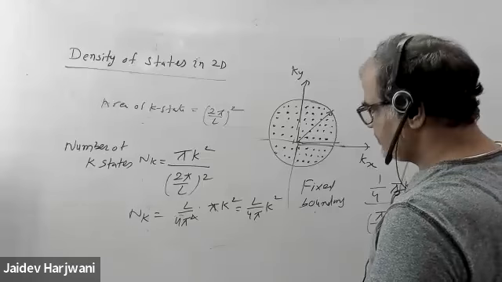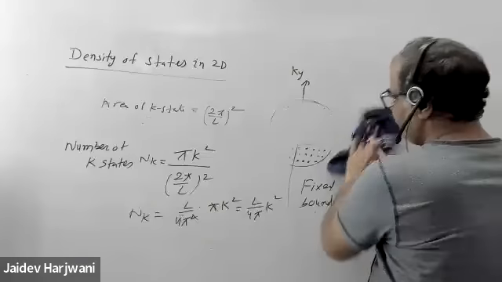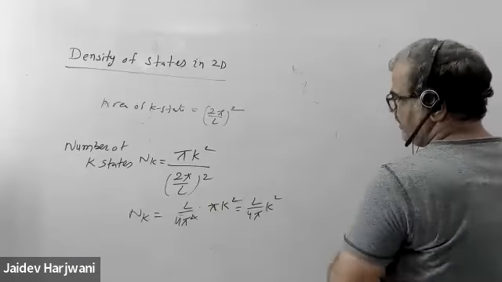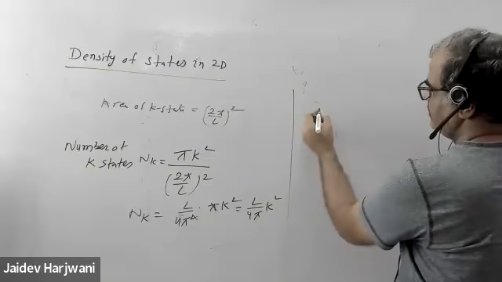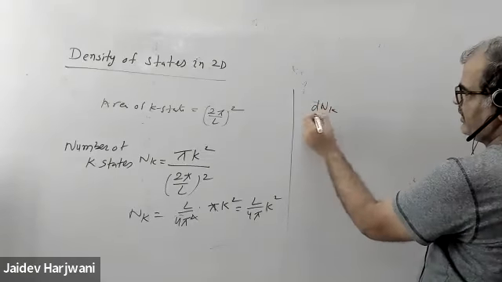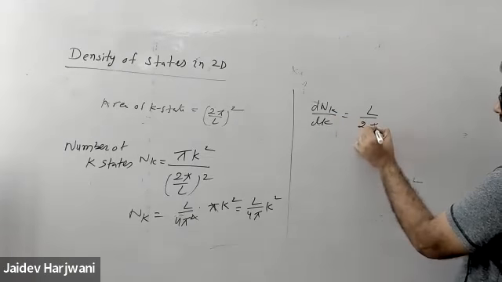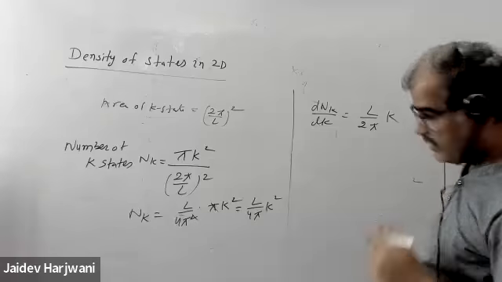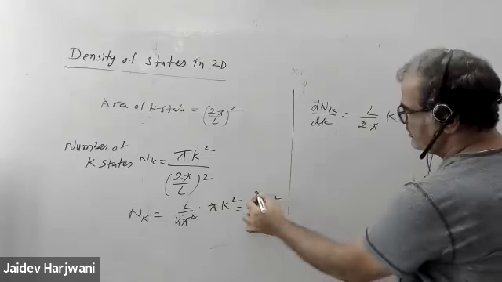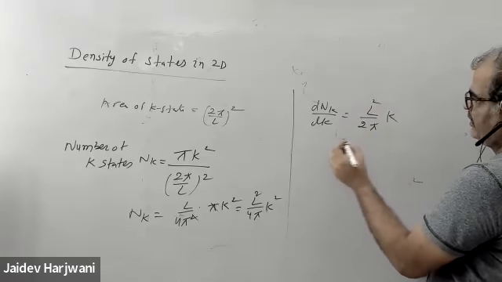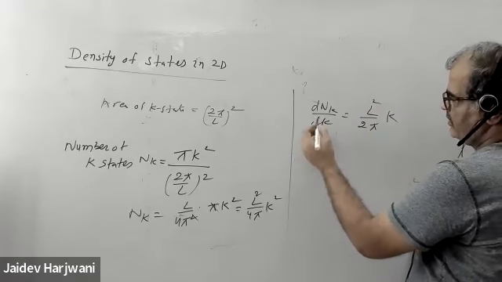No. Now just differentiate: dnk upon dk gives L square upon 2 pi k.